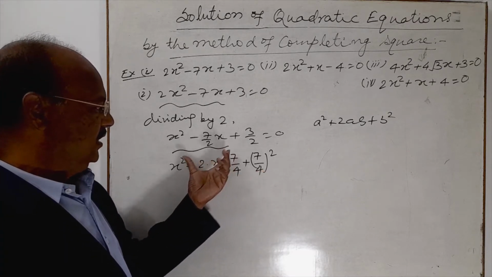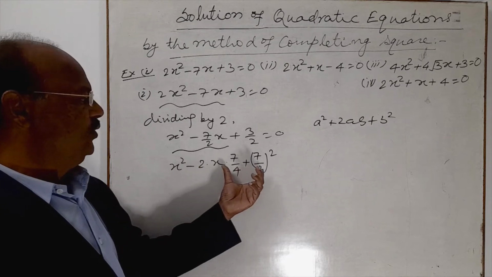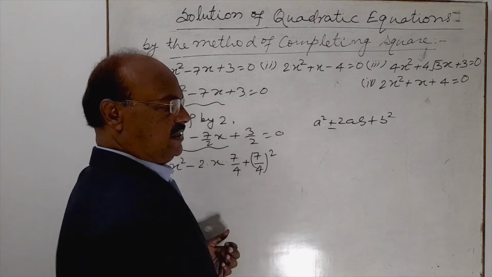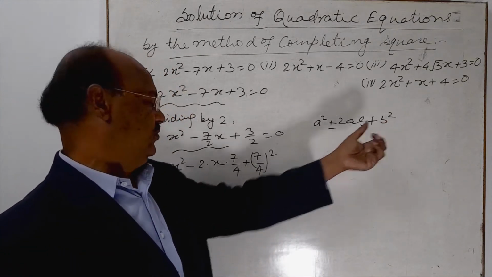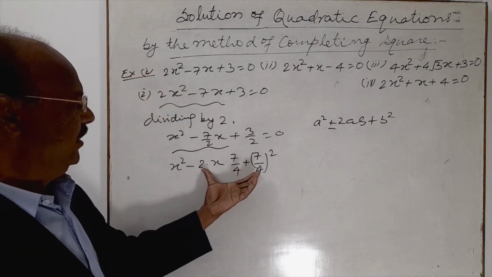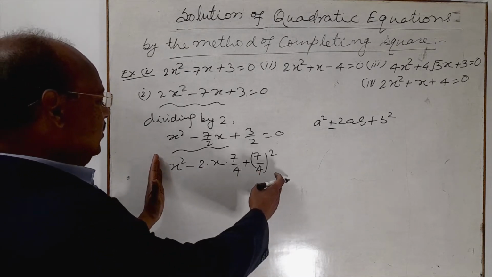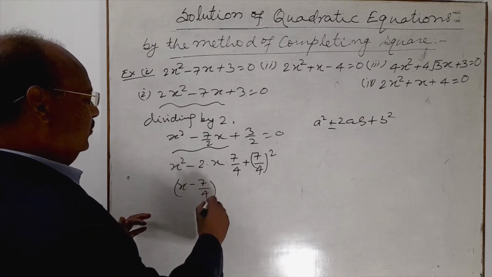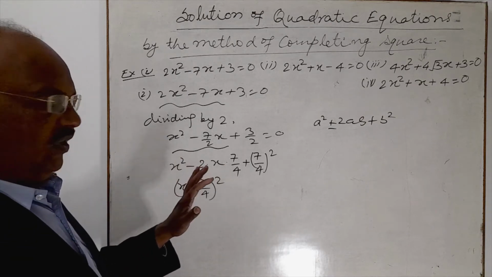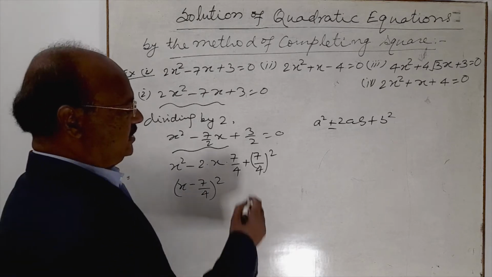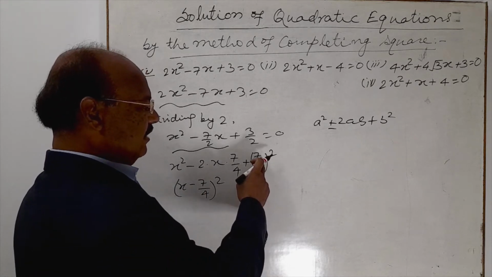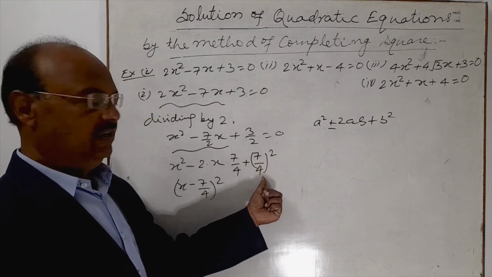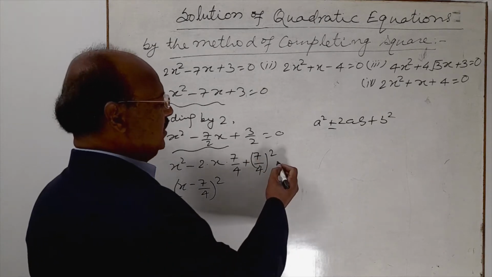Now you see it has been reduced to the form a square minus 2ab plus b square. If the minus sign is here, then we have a square minus 2ab plus b square, and by writing this way you get the whole square x minus 7 by 4 whole square. But we have to correct it, since we have added 7 by 4 whole square, that is 49 by 16, from our side, so it should be removed.